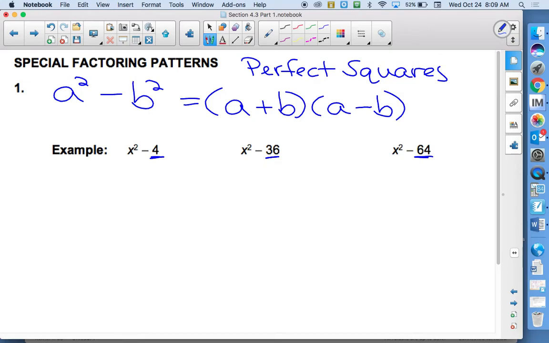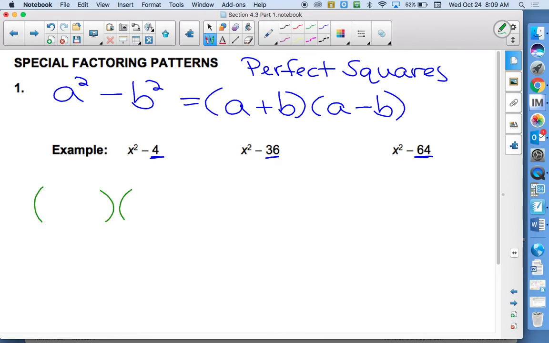And the reason we have that plus or minus is because the only way you get a minus in a problem is if you have a positive and negative value that are multiplying together. Because otherwise, a negative times a negative is a positive, and a positive times a positive is also a positive. So there's 2 conditions that have to be met. It must be a binomial, 2 terms. Those 2 terms must be perfect squares with a minus sign in between. And then you can factor them.